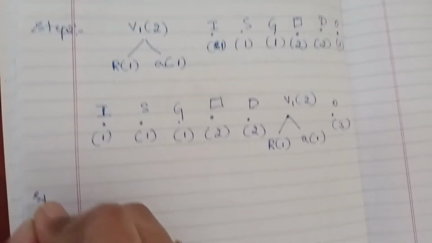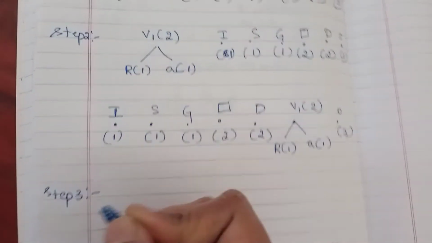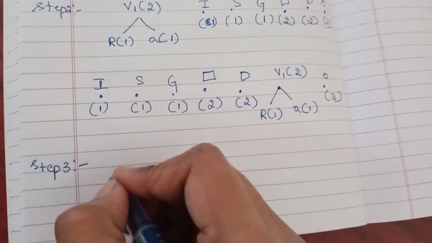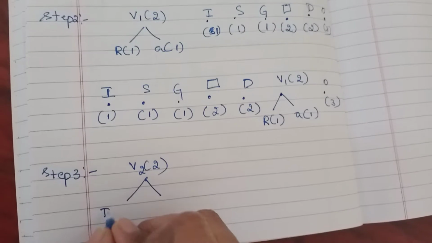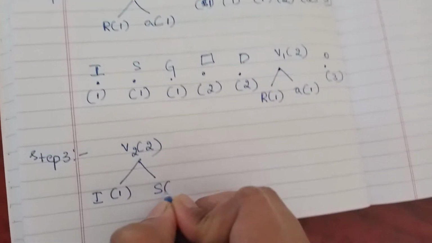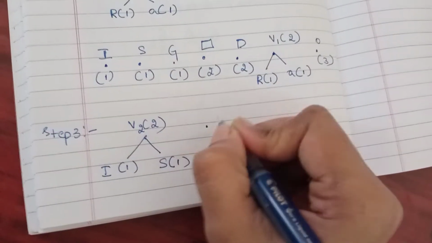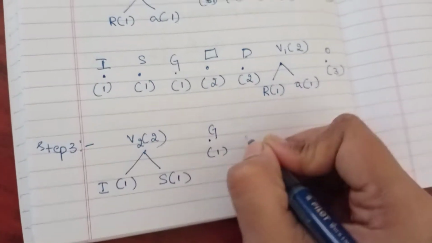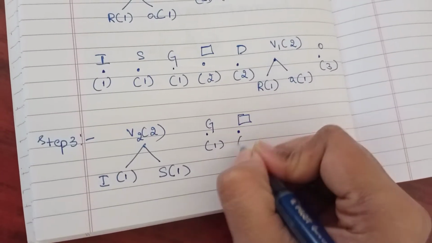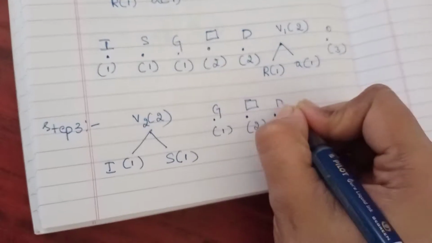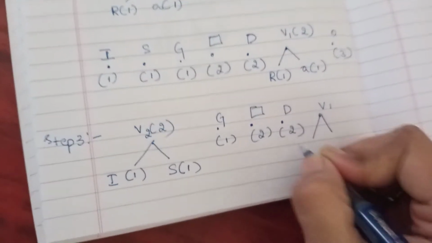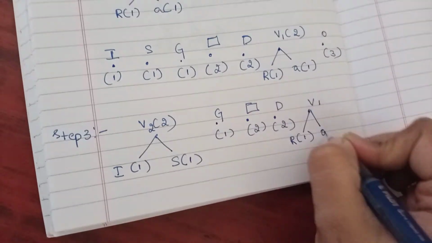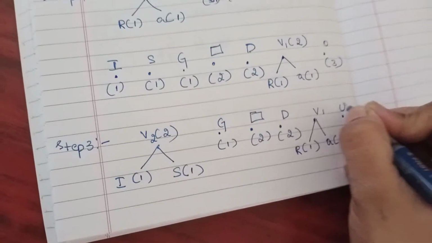Okay. So step 3 is, now it is in ascending order. So combine the first two minimum frequencies. So it becomes V2 of 2, that is I and S. Again check, after completing this, whether it is in ascending order or not.